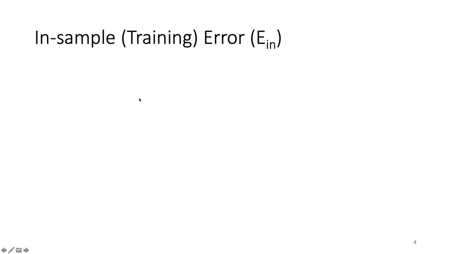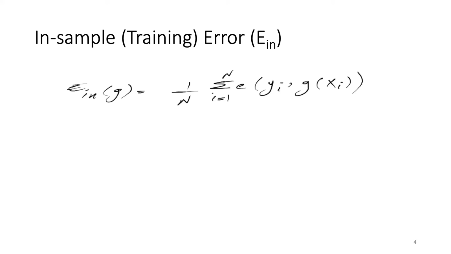You already know what an in-sample or training error is. We were showing it by E of in. You just have to compute a summation over all the pairwise errors, where you have a misclassification in the case of classification.